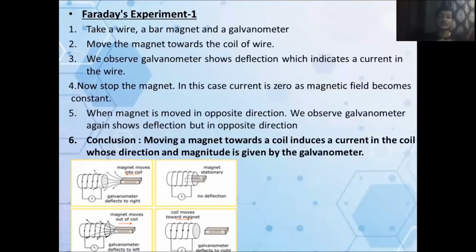Initially, there was no magnetic field linked to the coil, but as the magnet is coming towards the coil, it is experiencing a magnetic field. It means it is changing. Once you stop the magnet, the changing magnetic field becomes zero. Again, you start moving this magnet, it means the magnetic field is changing. That's why the changing magnetic field produces current here.